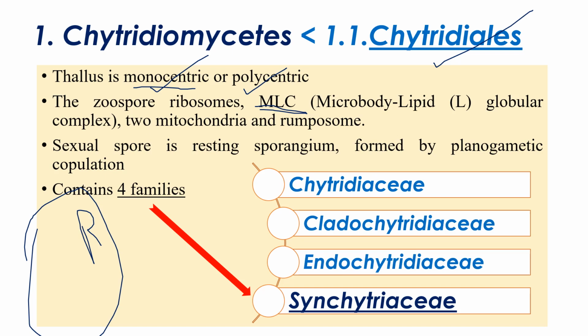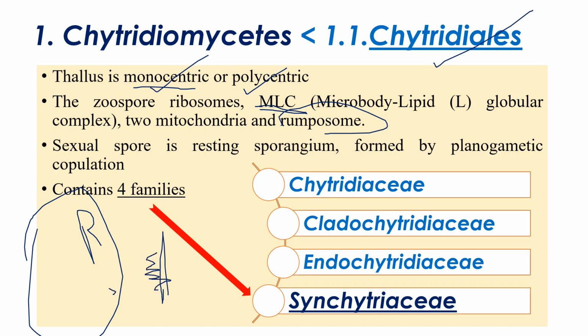The lipid globule complex is also present in the zoospore of chytrids. Two mitochondria and one rumposome are present. What is this rumposome? We might have heard of it somewhere else, right? Generally the rumposome is a tooth-like section, or we can call it a honeycomb-like section.